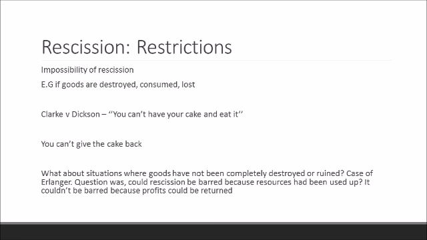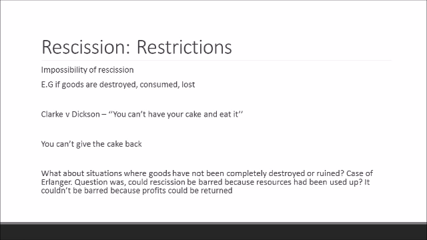So this is an example of when the courts might take a more lenient, a more flexible approach to rescission. So if goods have not been completely destroyed, but if they've lost their value, if they've decreased in quality, then maybe instead of being barred from rescinding the contract, the claimant can receive some of the profits from the defendant, the profits they made from that contract.